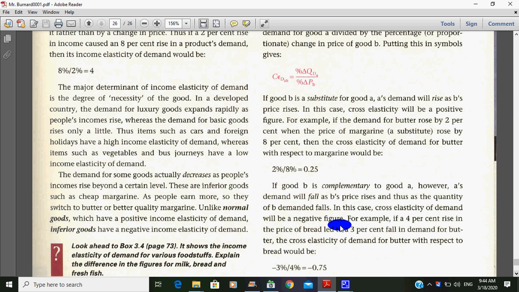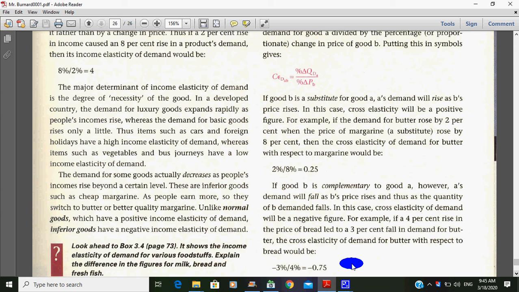A negative figure. For example, if a 4% rise in the price of bread led to a 3% fall in the demand for butter, the cross elasticity of demand for butter with respect to bread would be what? Negative 0.75.